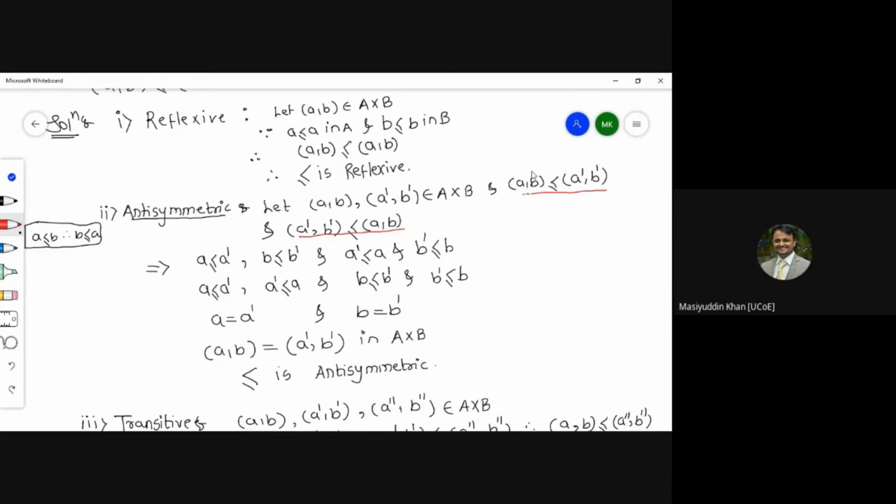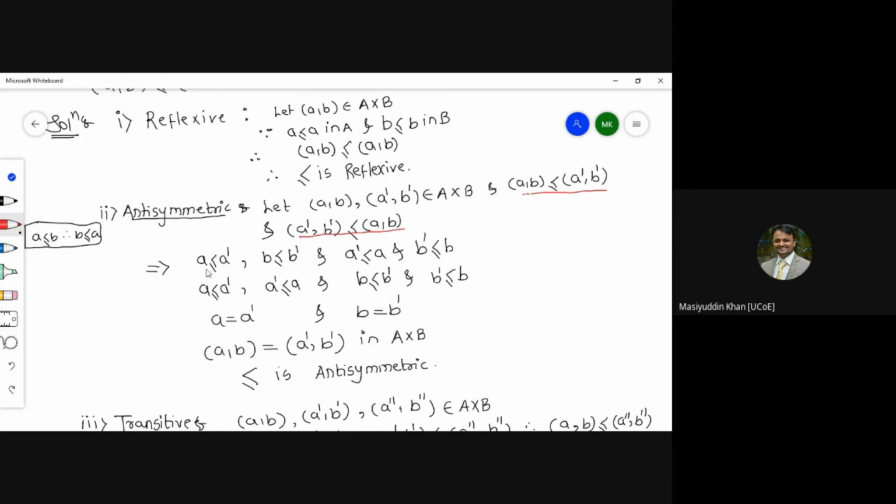So according to the given conditions, we define that a ≤ a' in A. Similarly, b ≤ b' in B. If these things are possible, then this is also possible. That is a' ≤ a, and b' ≤ b from the second part.